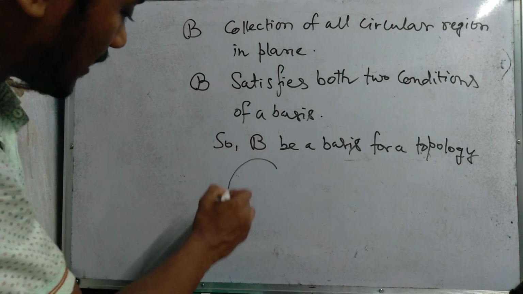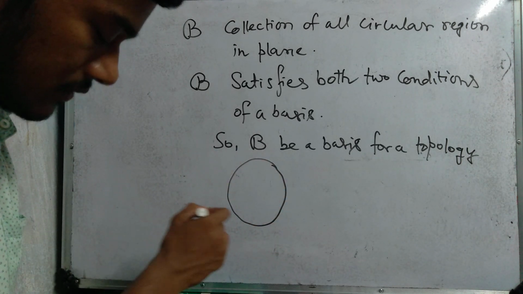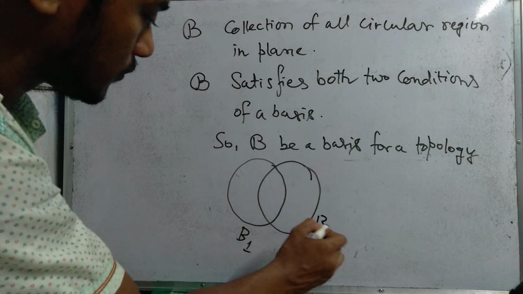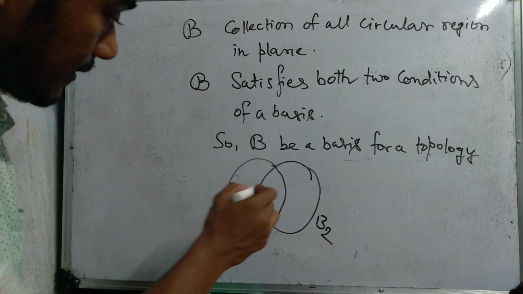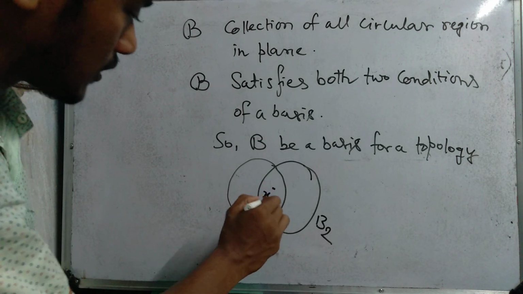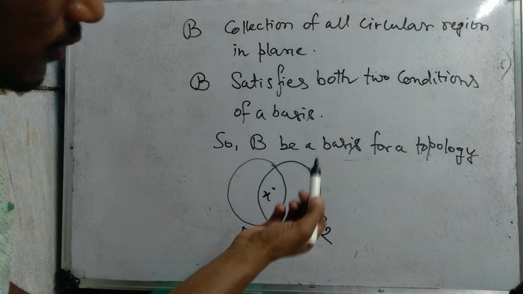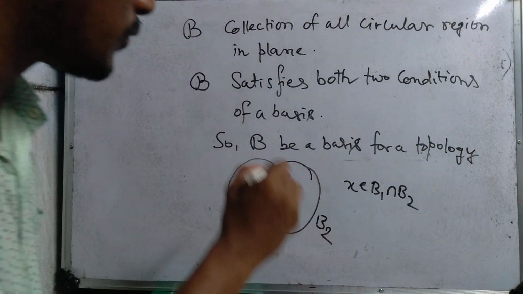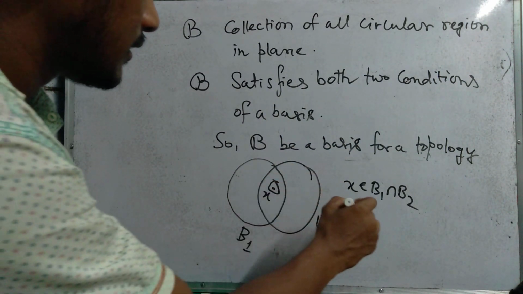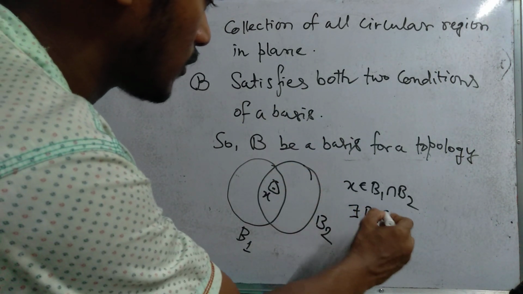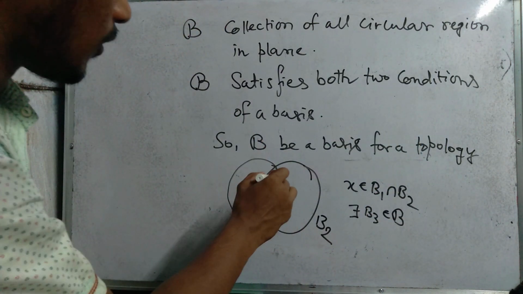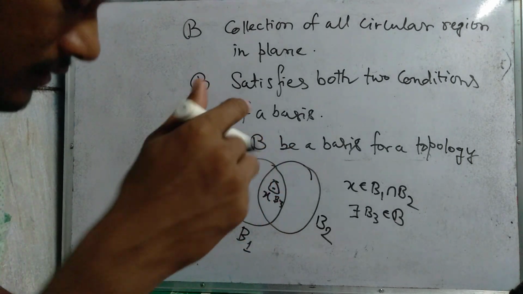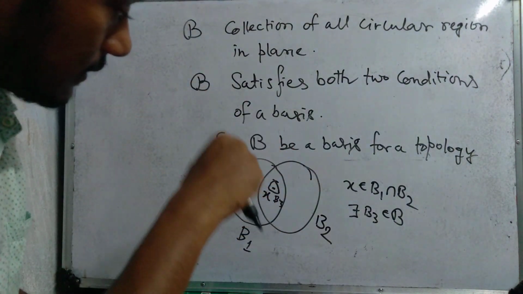We draw a figure, some circular region B1 and some circular region B2 in the plane, and one point x belongs to B1 and also belongs to B2. That means x belongs to B1 intersection B2. Then we find a B3 belonging to script B, obviously a circular region, that contains this x.